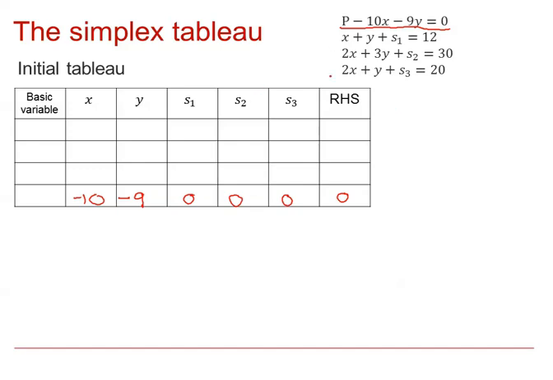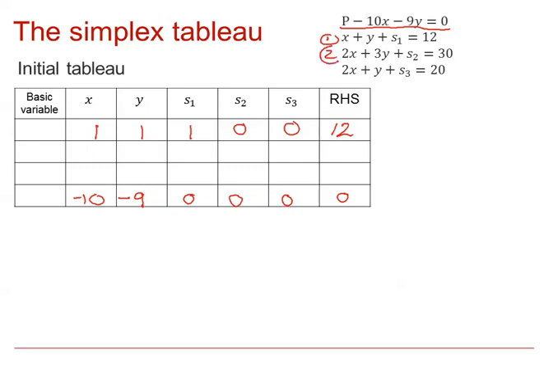So then we add each constraint in turn to the table. So we're going to start with the first one. So we have 1x plus 1y plus 1s1 and no s2 or s3, and this is equal to 12. So that's our first row.